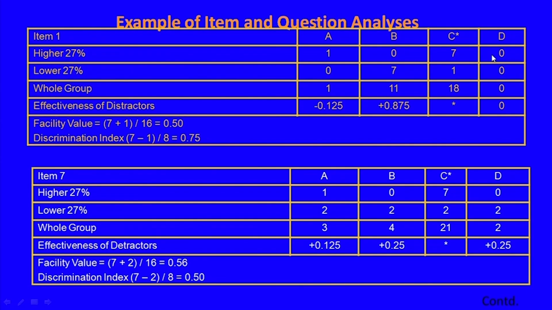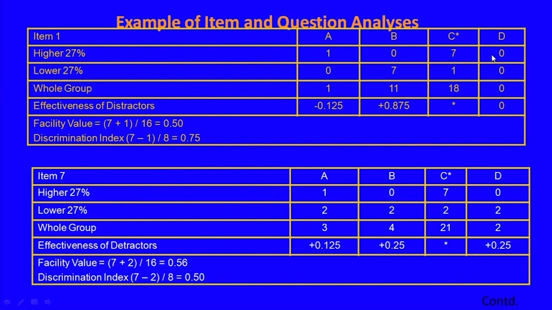Whether it's the most academically poor student or the academically good student, everybody understands that D is not a distractor. Similarly, A is also a poor distractor, because only one student has got it wrong and nobody else has. And you'll find similar kinds of things in item 7 and more. Thank you.